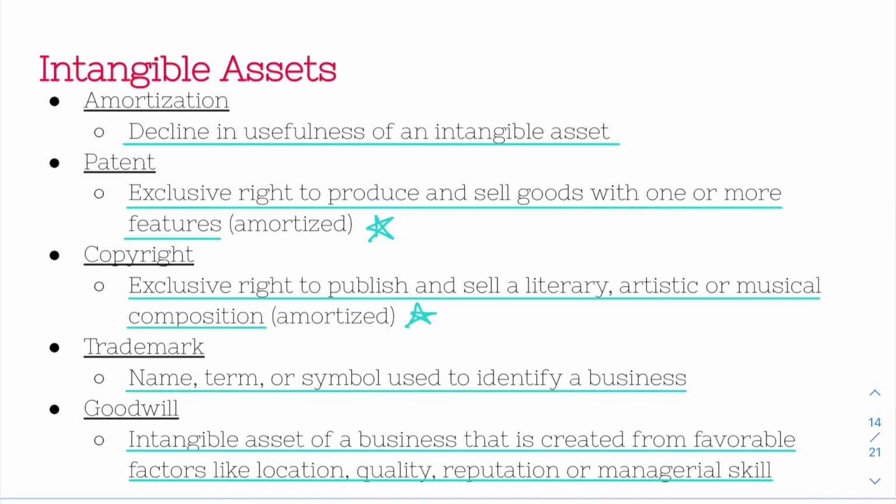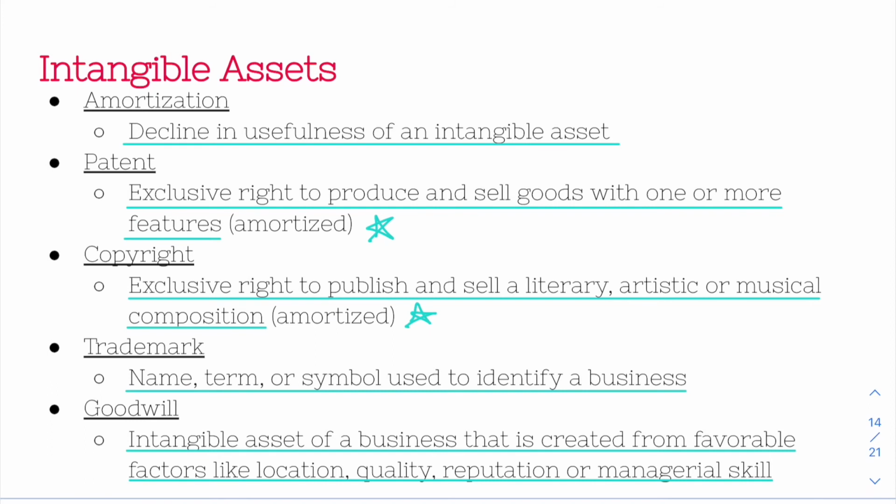So maybe you're acquiring a business and you pay more than, I'm using quotes here, what it's worth. Maybe you're paying a premium because you think there's some favorable quality to the business. So maybe it's the reputation of management. Maybe you think they've got something really valuable in that business that you want, so you're willing to pay more.